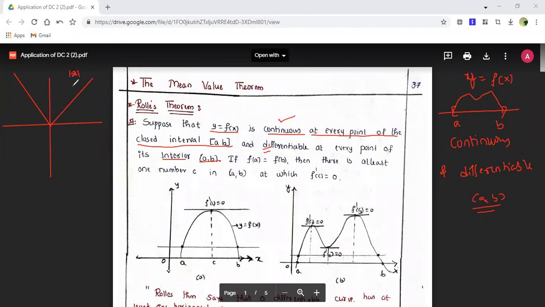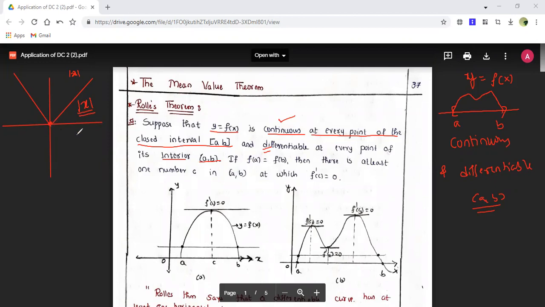When you observe the graph of the mod x function carefully, you'll be getting a sharp point at x equal to 0. This is continuous. You can observe there is no break in the graph. So modulus of x is continuous, but it is not differentiable at x equal to 0 because it has a sharp point here. You can see the curve, and there is no tangent at x equal to 0.